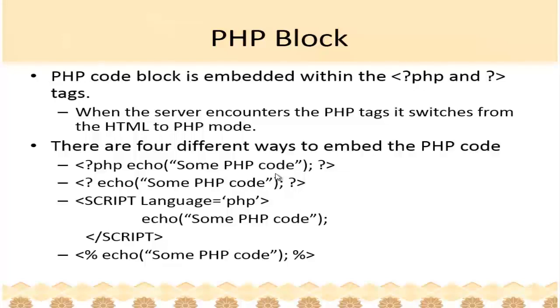There are altogether 4 ways in which you can create it. One of them, which you have already seen, is using this tag <?php and putting your PHP here. The other one is a short form, and that is just a question mark, <?, and close it with a question mark greater than, ?>. This is by default not enabled in the exam server for some reasons.